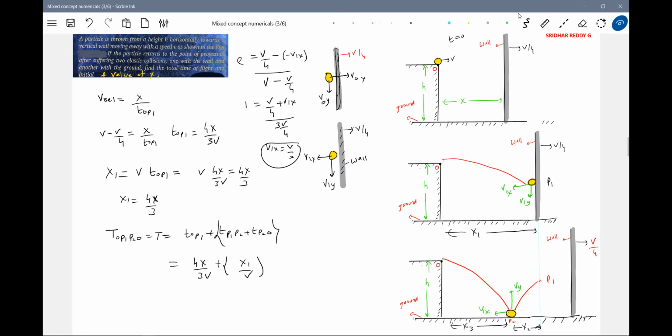Equal to 1. Elastic collision only. I'll write clearly. Here I will mention.